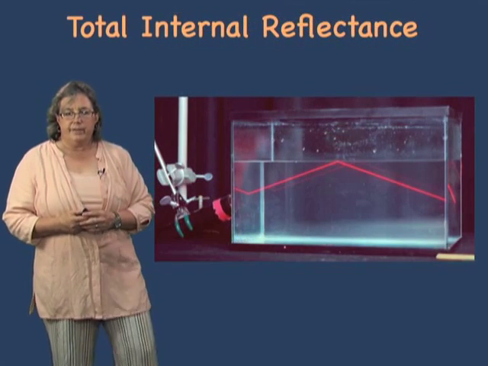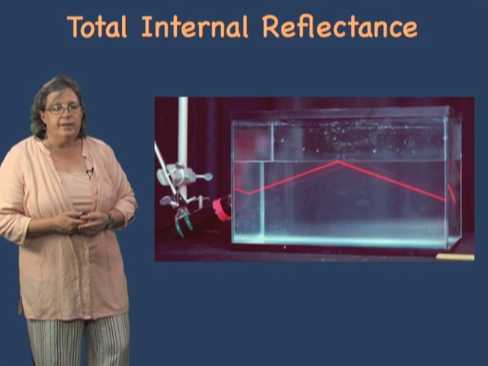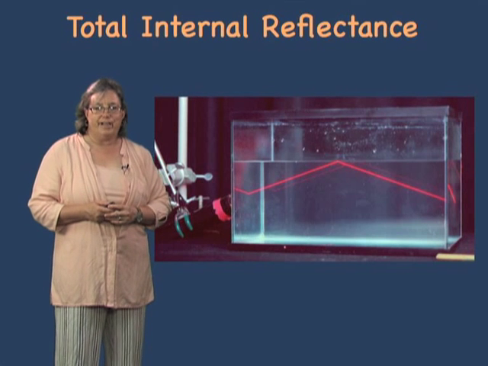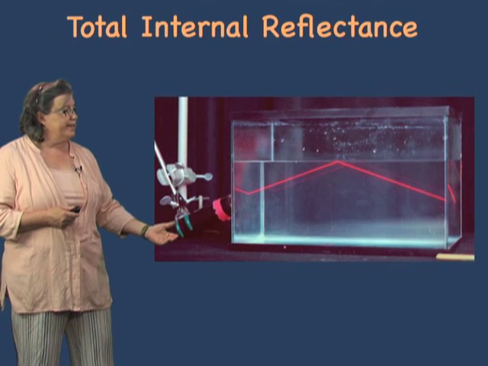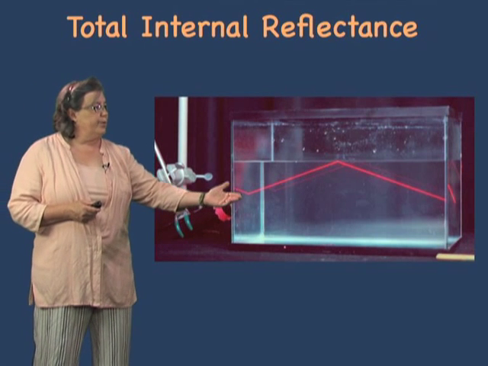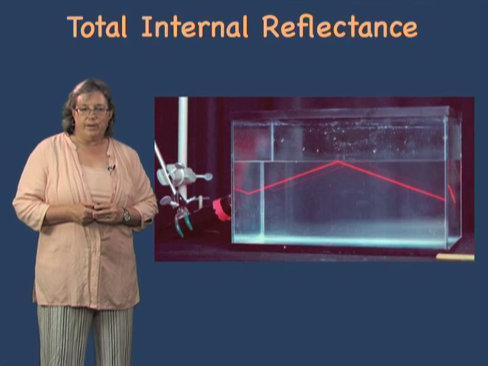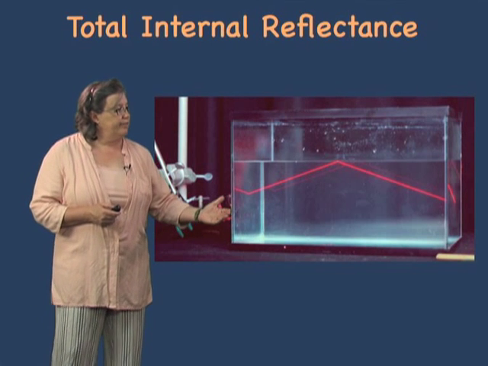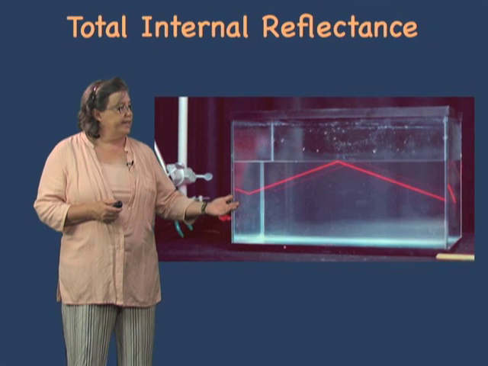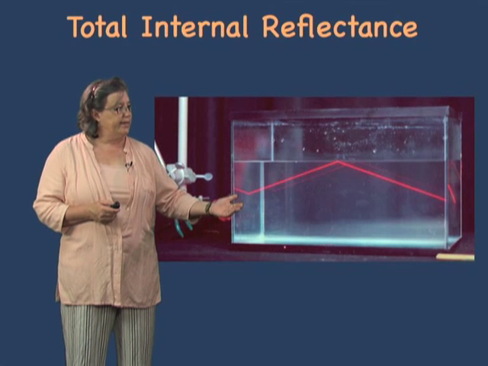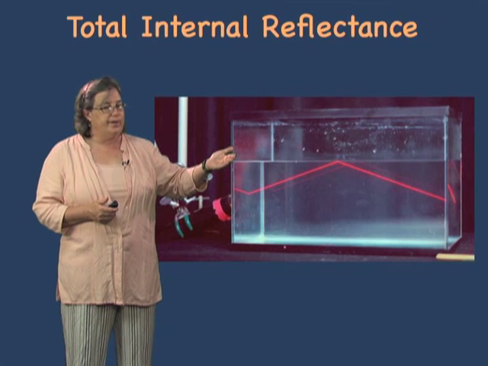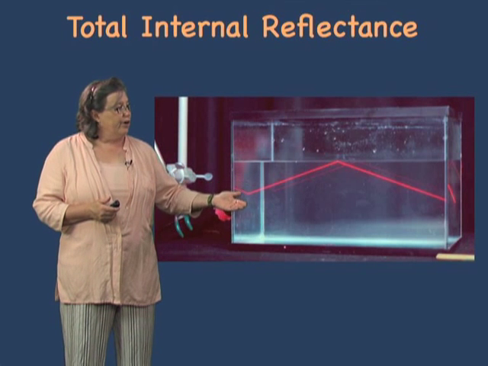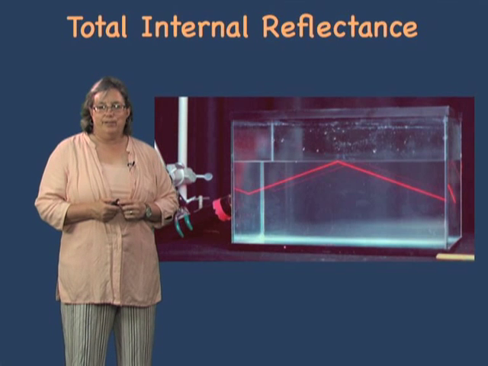The main method that we have been utilizing is called total internal reflectance. Now this is an experiment that you can try at home. So this is simply a laser pointer that's going into an aquarium of water. And if you correctly position the laser pointer at the critical angle, when there's a change in refractive index, in this case between water and the air, then all of the laser light will be completely reflected.